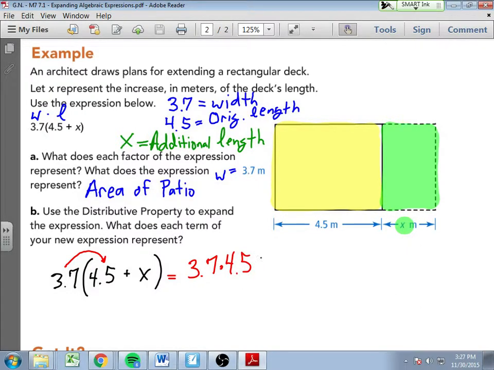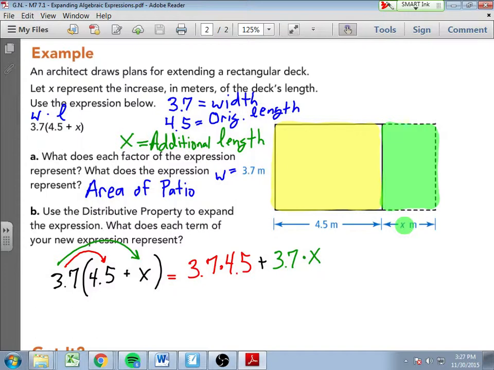I will have addition between them. And my second distribution is still that 3.7, but now it multiplies by the x.